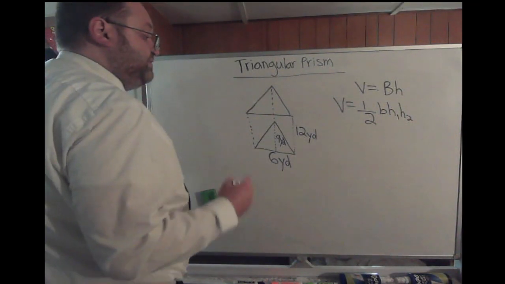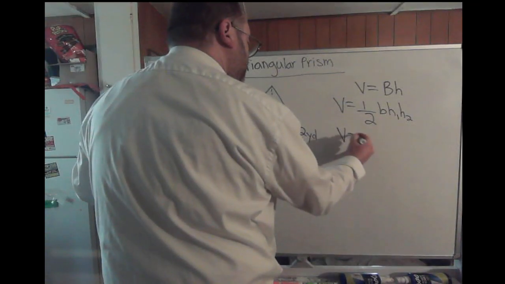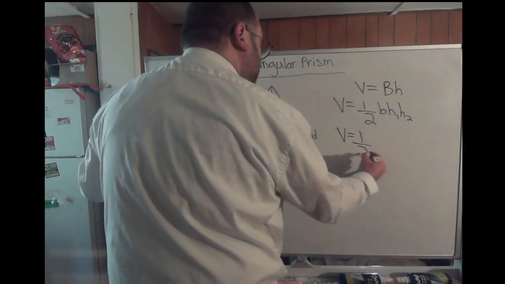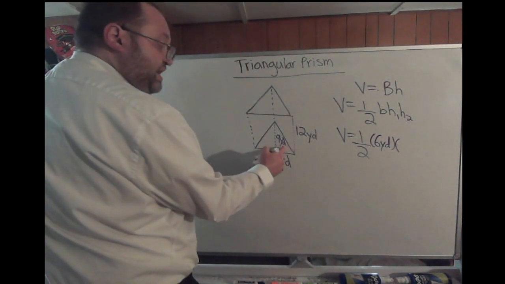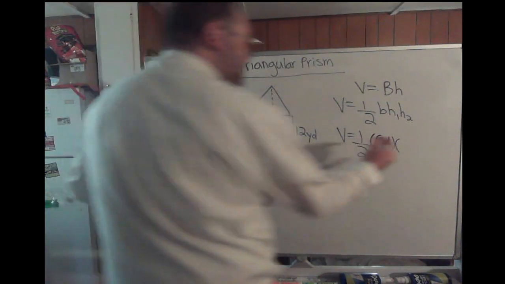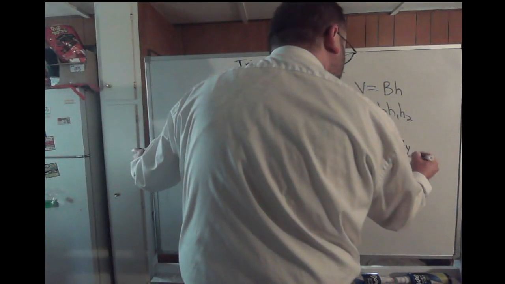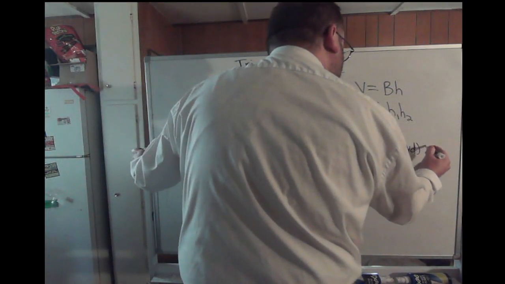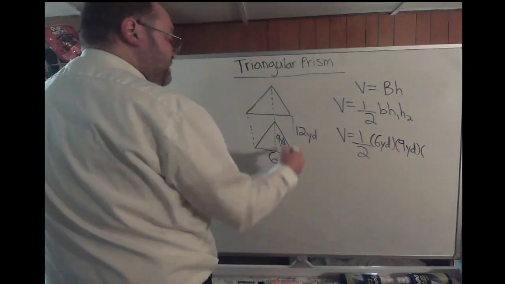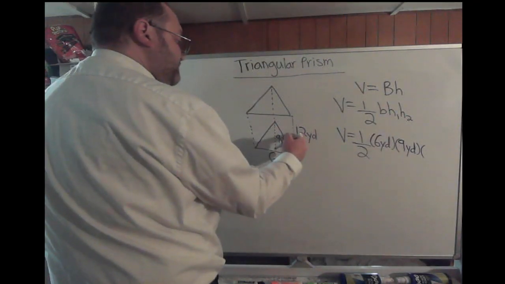Alright, so to find the volume of this triangular prism, we're going to take 1/2 times the length of the base, which is 6 yards, times the first height, which is the height of the triangle itself, which would be 9 yards, times the height of the prism, which was 12 yards.